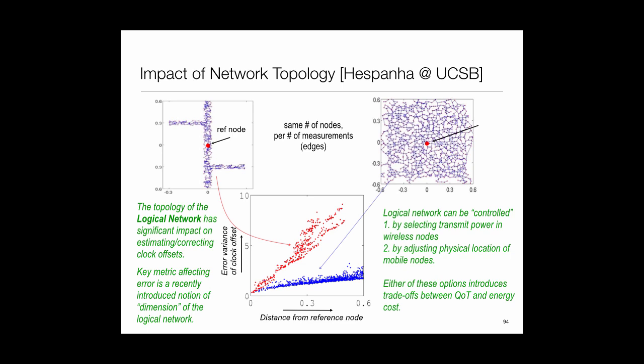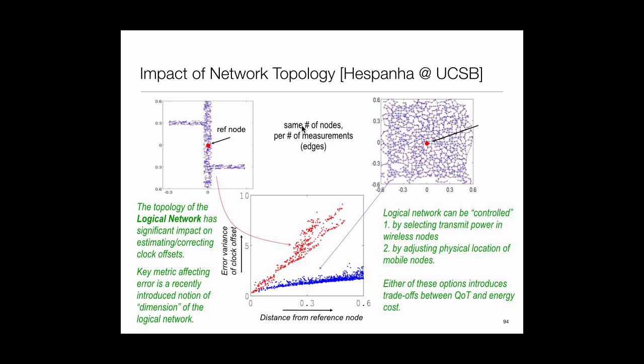Imagine I give you 10 nodes, and those 10 nodes are in a straight line, versus the same 10 nodes configured with, for example, a node in the middle and the other 9 around it, so that every node is within 2 hops of each other. They will exhibit very different quality in terms of time synchronization. So what these guys showed is that the logical topology, who can talk to who, matters.